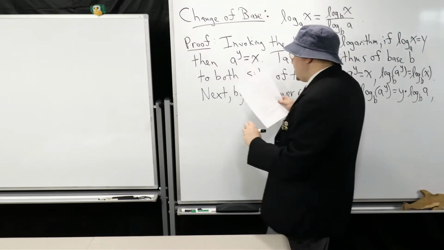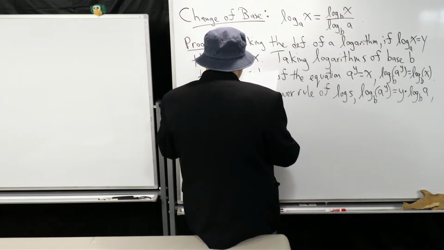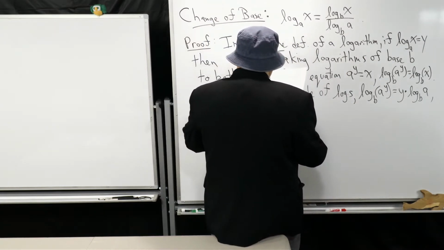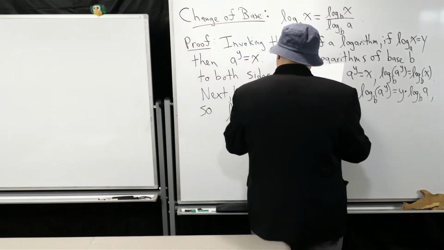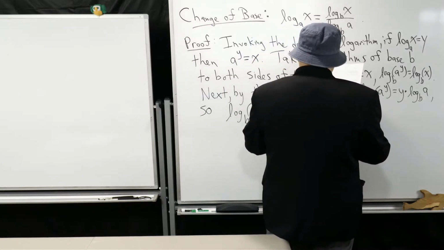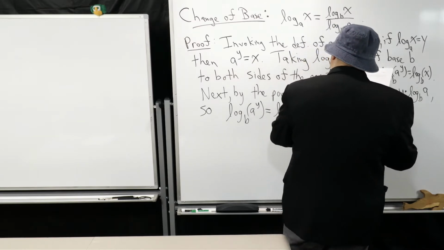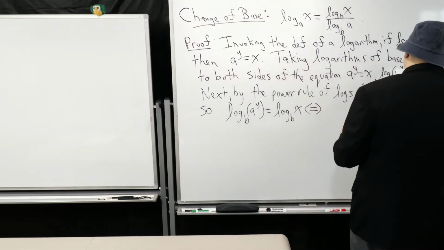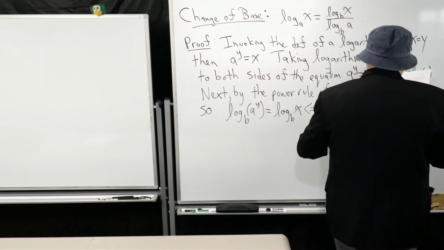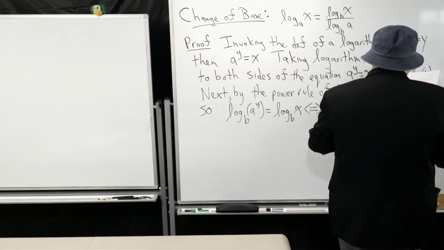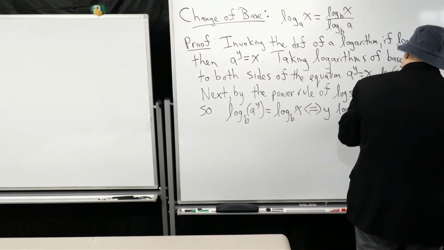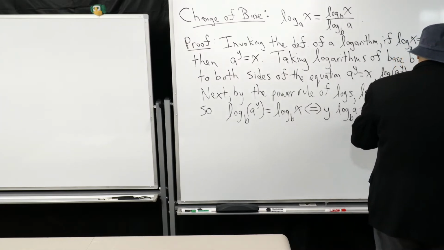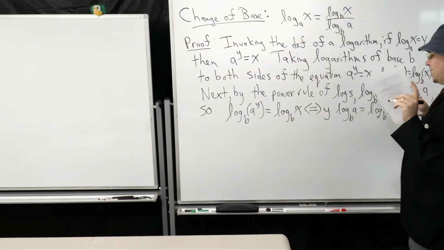So what can I say then? So log base b of a to the y is equal to log base b of x if and only if the following is also true: y times log base b of a is equal to log base b of x.